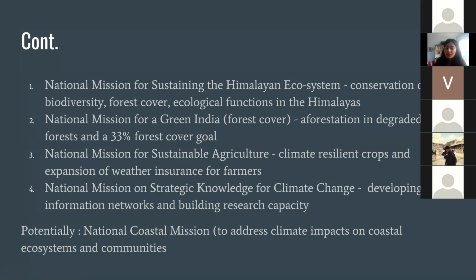Sikkim had a very successful plan, used as a model case study in a lot of cases. They had a very successful springshed management plan, targeted at reviving spring sheds which were being affected by climate change. That funding was also a part of this, and it was developed under the SAPCC.